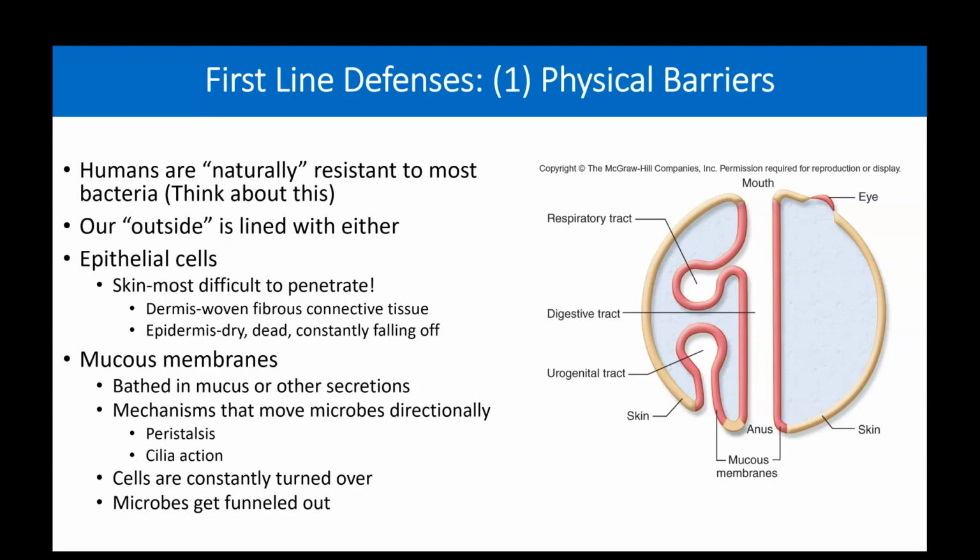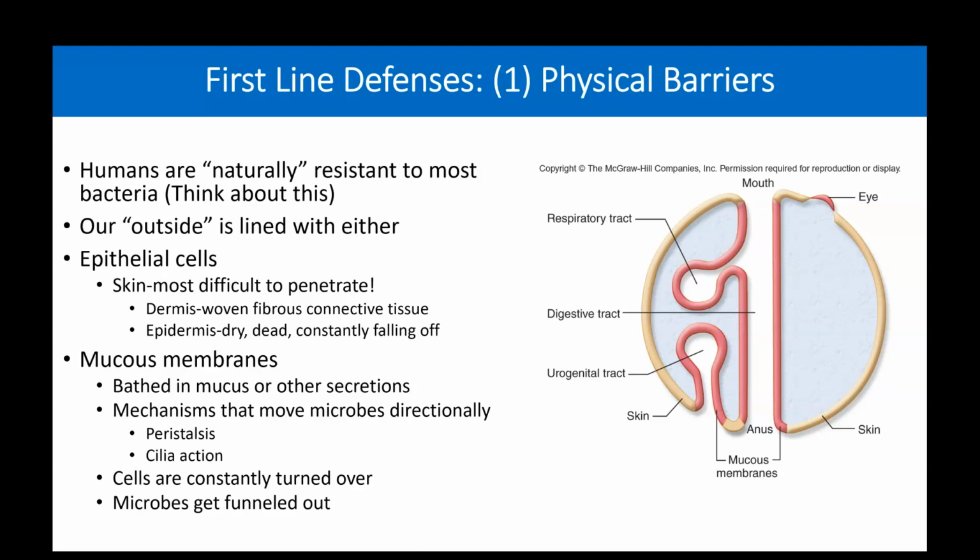And our mucous membranes are bathed in mucus, right? If you think about where all these pink coverings are in our body, they all have some type of slippery coating to them. That slippery coating is important, one, for the function of the mucosal membrane itself, but it's also protecting us from those microbes. It's basically creating a slime layer in which those microbes get trapped. And then there are mechanisms in our body that can move those microbes along in a certain direction.